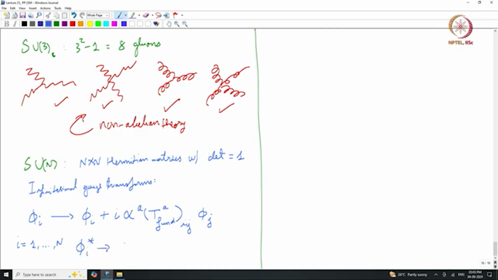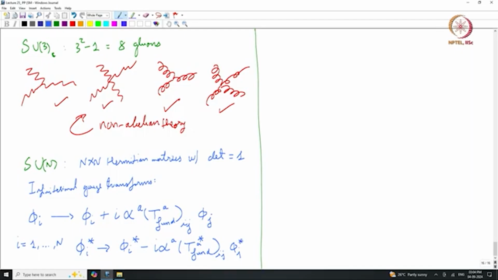I can now write down the transformation of the complex conjugate field, and I am going to write it in a slightly different way. As you would imagine, I still get a minus i alpha. If I literally write this, I can put a star here, and an A, and it is still an ij phi j star.